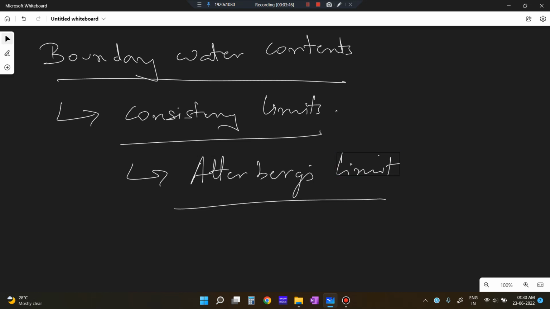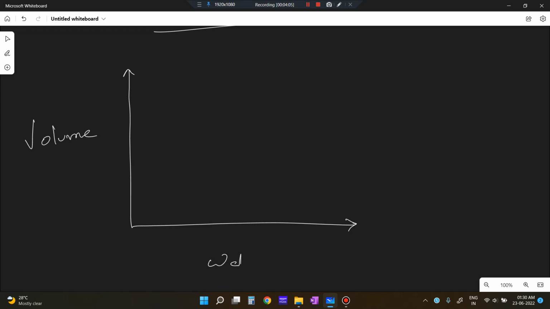The Atterberg limits can be described very easily using a graph. This is the graph. Here it is volume, and on the x-axis there is water content, that is WC.